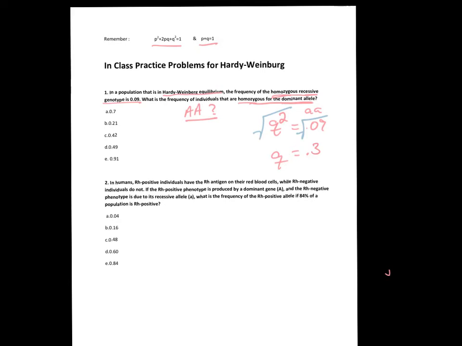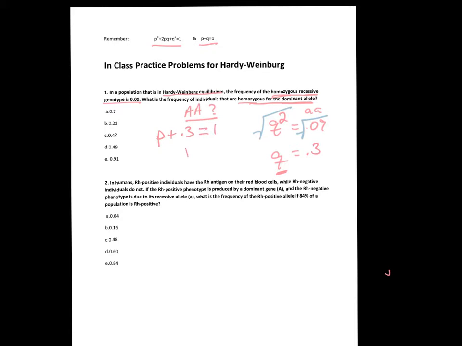Now that tells you q. That doesn't tell you the dominant allele. That just tells you the recessive allele frequency. How do we find the dominant allele frequency? Well, we'd say p plus q equals 1. So p plus 0.3, because q is 0.3, equals 1.